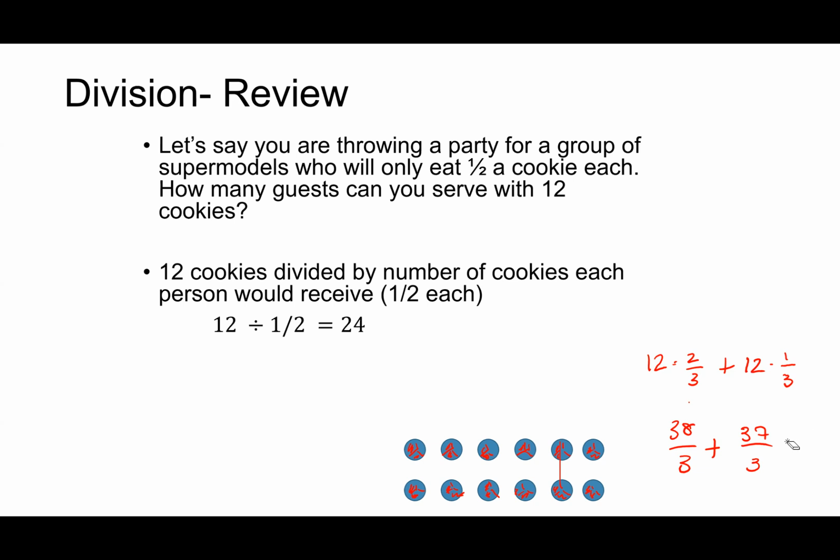That's not gonna work, that's just gonna give me 12 cookies. I'm not illustrating this correctly. I apologize. I would have 6 2/3 left. That would give me 18 portions of 2/3. Does that make sense?